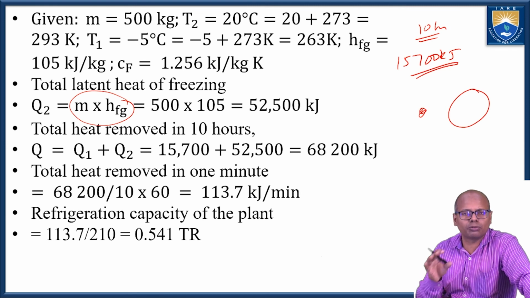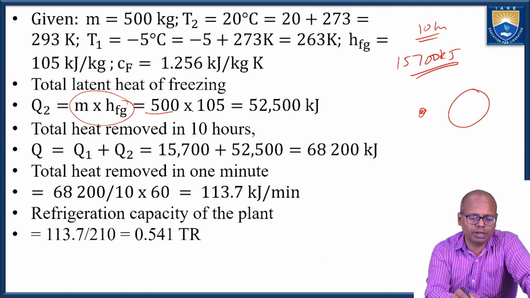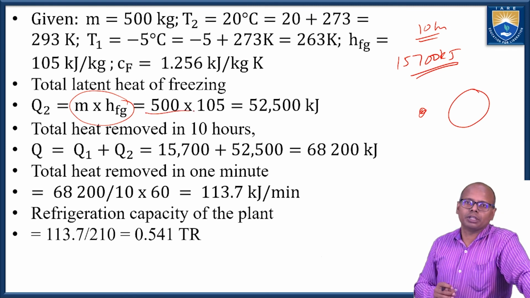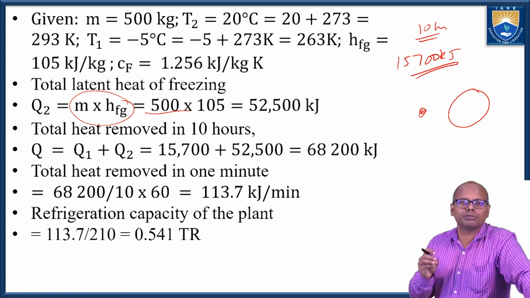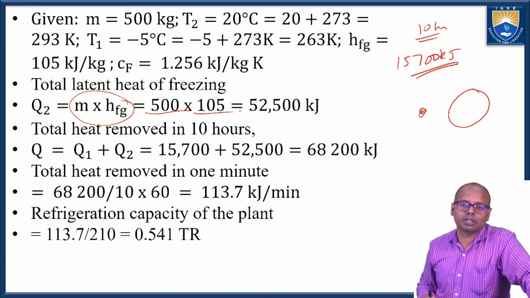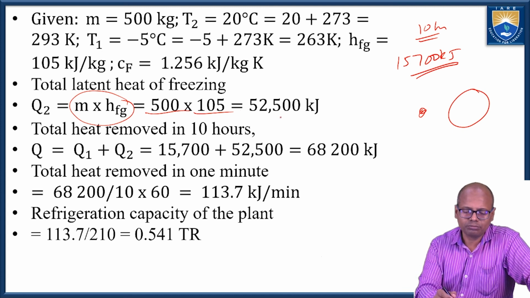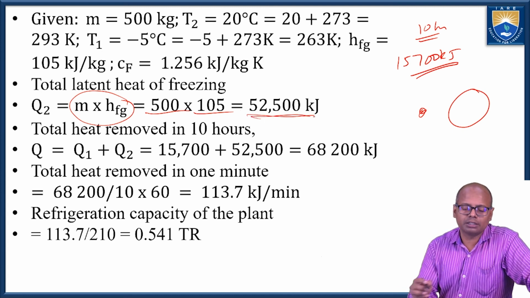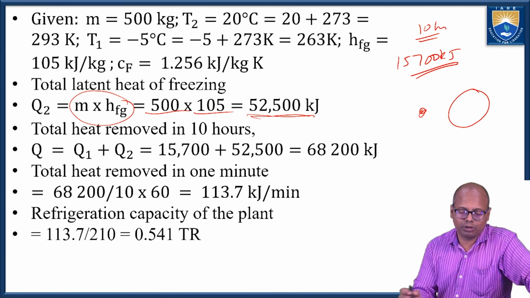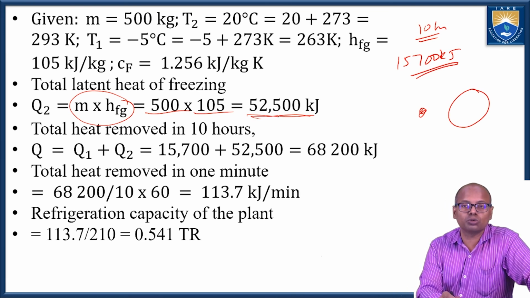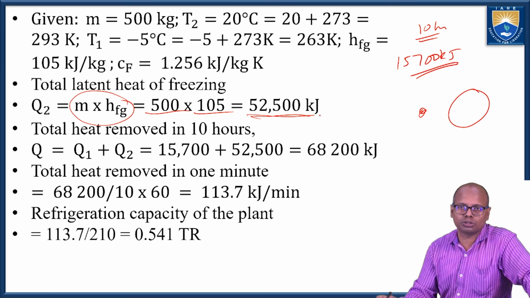The amount of fruits supplied is 500 kg, and the latent heat of freezing of this fruit is 105 kilojoule per kg. If I substitute, I will get 52,500 kilojoules.